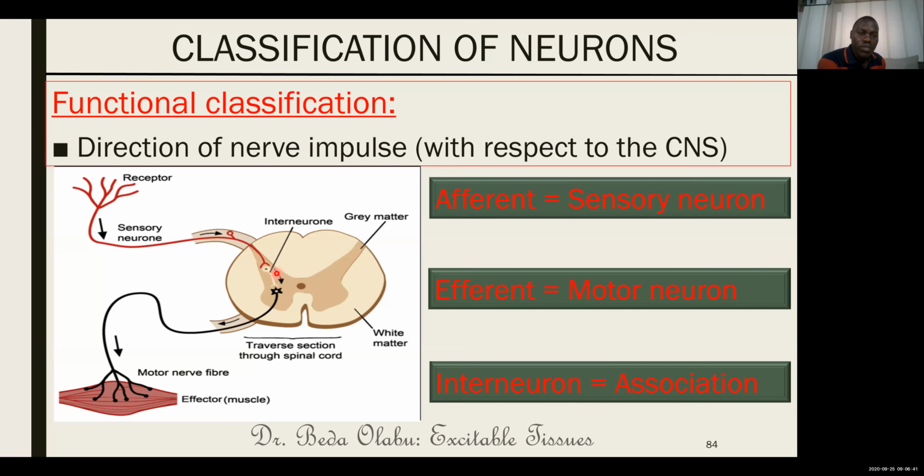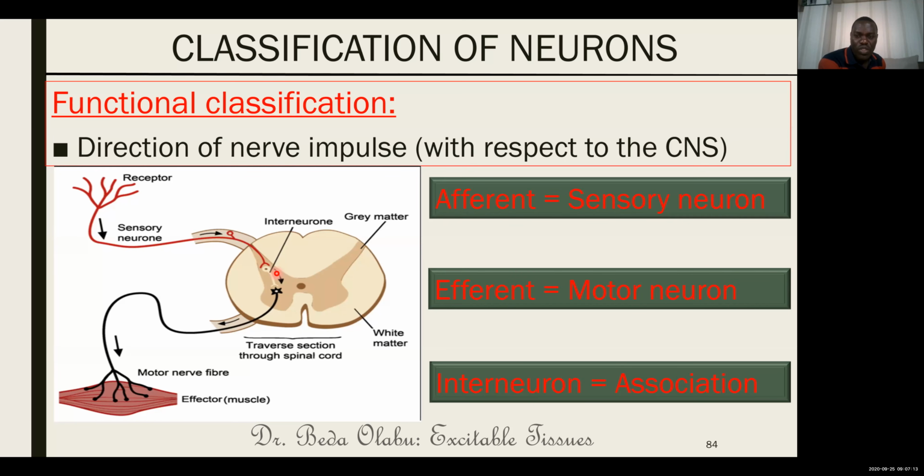I told you that the other way in which you can classify neurons is based on the diameter of the axons, based on the axonal diameter. So based on this, we can have type A, type B, and type C cells. The things I mentioned about alpha, beta, delta, gamma are actually subtypes of type A neurons.